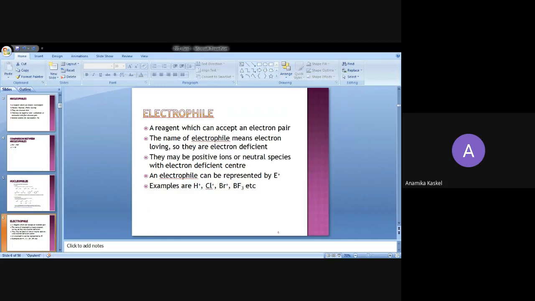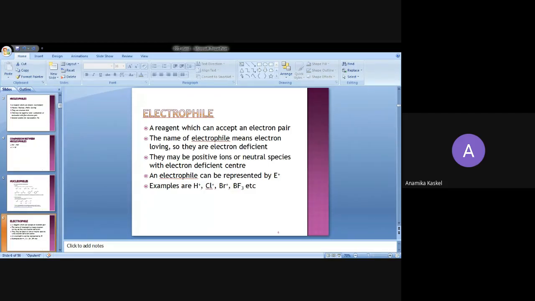Another reason: when you go through BF3, how many electrons are present outside? 6 electrons. How many BF bonds are there? There are 3 BF bonds, and each BF bond contains 2 electrons, so 3 BF bonds must have 6 electrons.